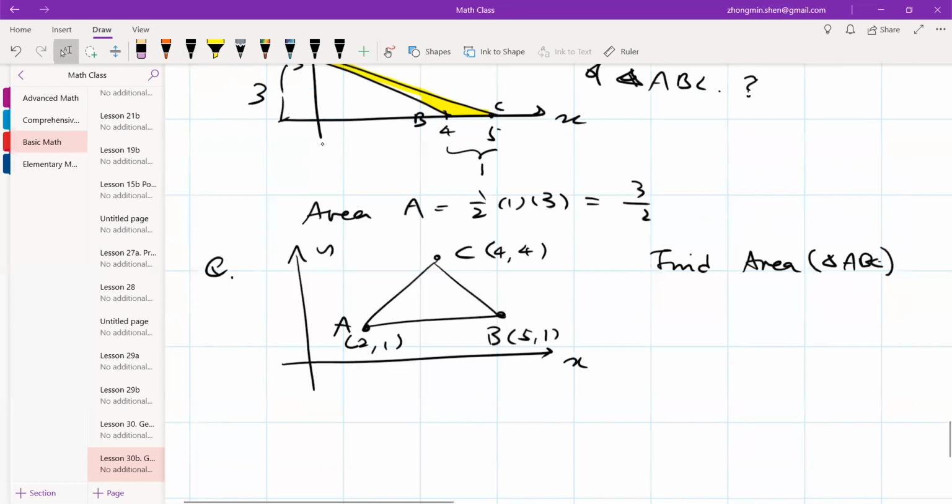You see, you have to find the base and the height, right? This is AB, and the height is from here to here. So you have to figure out the base AB equals 5 minus 2, which is 3. H is going to be 4 minus 1, which is 3.